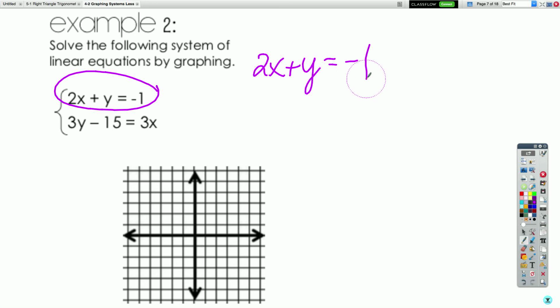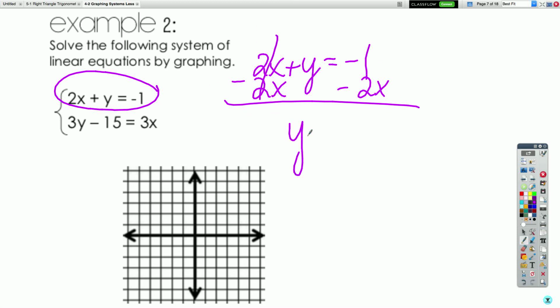All right, move the 2x by subtracting. So minus 2x minus 2x. You get y equals. What do you get? Negative 2x minus 1. I like to put my mx in the front. Y'all okay with that?